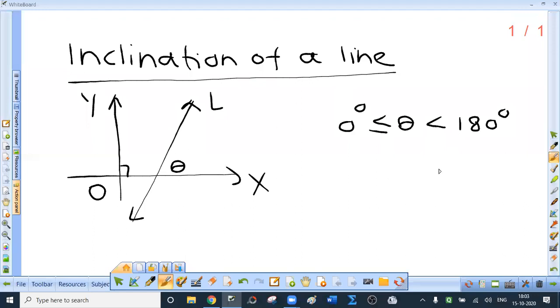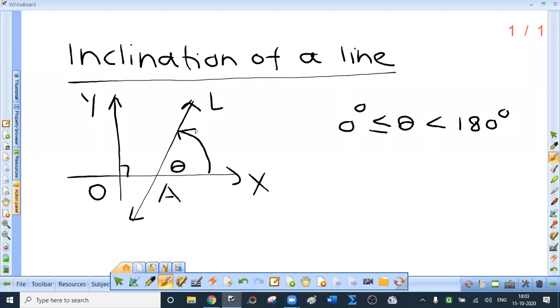Now we discuss an important concept, that is inclination of a line. Suppose line L, I have taken line L which is not parallel to the x-axis, but it can be parallel to x-axis. Suppose line L meets the x-axis in the point, say A. Then the measure of the smallest non-negative angle made by the line with positive direction of x-axis is called as inclination of the line L, which is usually denoted by theta.